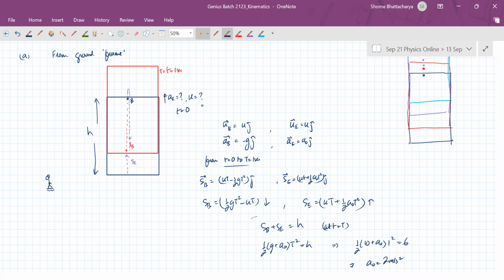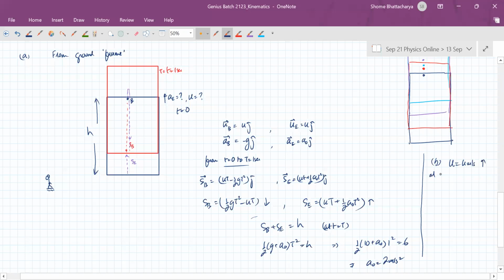So hope the second method is clear. You can now work out the second part of the question, where the initial velocity of the elevator at the moment the bolt comes off is given to you to be 4 meters per second. In the B part, u is equal to 4 meters per second upwards at t equal to 0 when the bolt comes off.